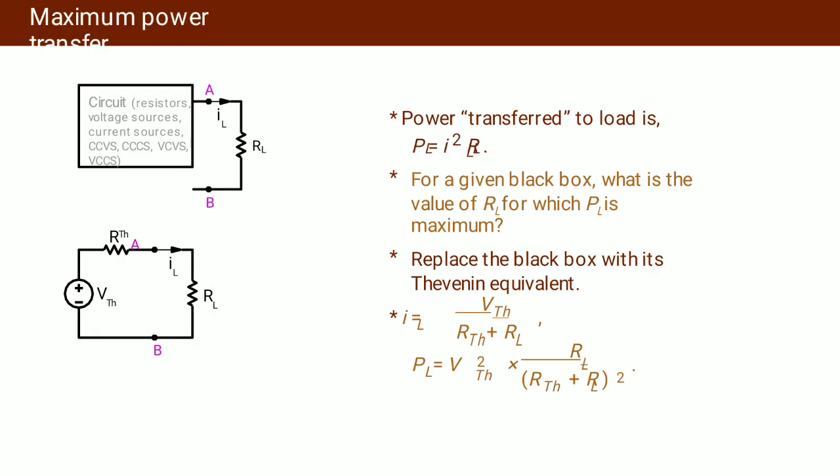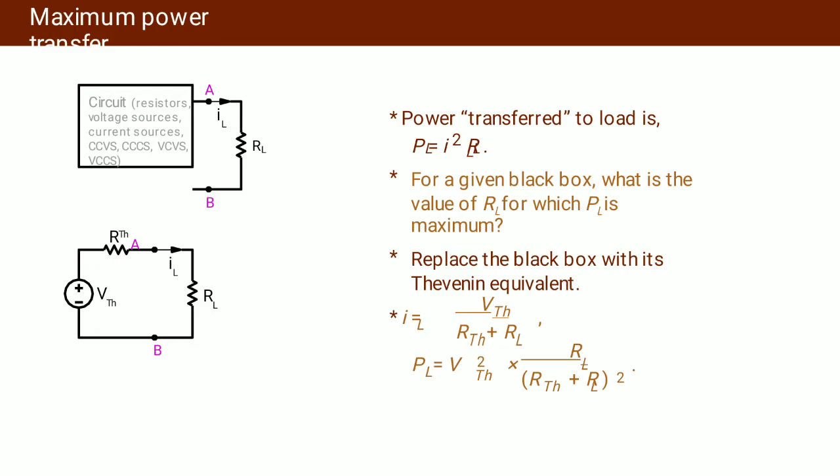Here current IL is equal to, in this equivalent circuit, VTH by RTH plus RL. So the power transferred to the load is PL.